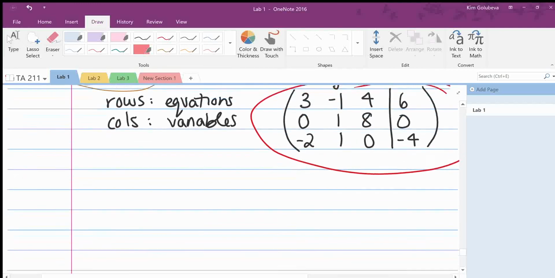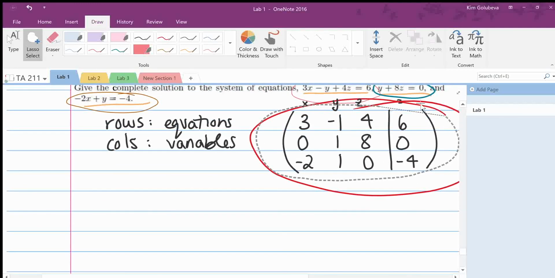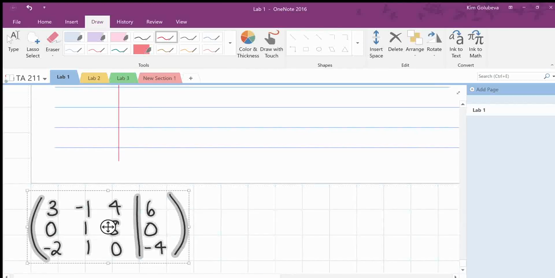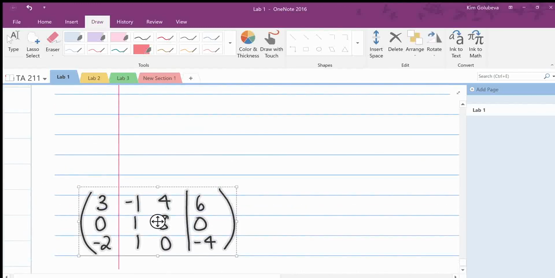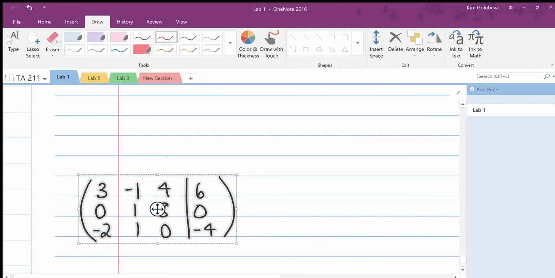So we're going to do it in the same way that we did last time. So a good first step is you're going to look in the left corner for a leading one. And if you don't have a leading one in the left corner, then you're going to try and make a leading one. Okay, so just let me move this up here.